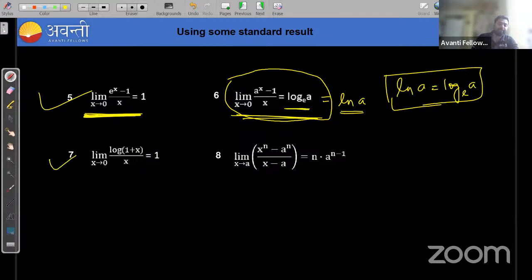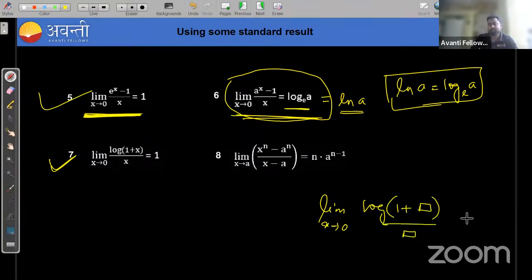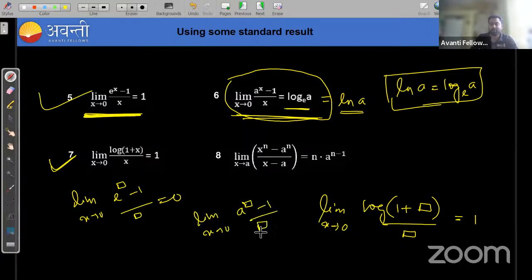Similarly, the seventh one is log of 1 plus x upon x. What is the method to remember these things? Remember this. Limit extending to 0, log of 1 plus any box upon box gives you 1. Limit extending to 0, e to the power box minus 1 upon box is equal to 1. Limit extending to 0, a raised to box minus 1 upon box gives you ln a, right?